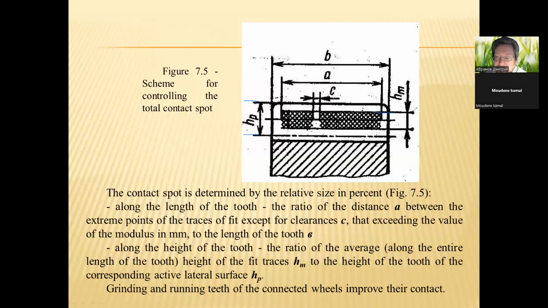So HM divided by HP and multiply by 100%, and we have a relative size in percent along the height of the tooth. Grinding and running teeth of the connected wells improve their contact.